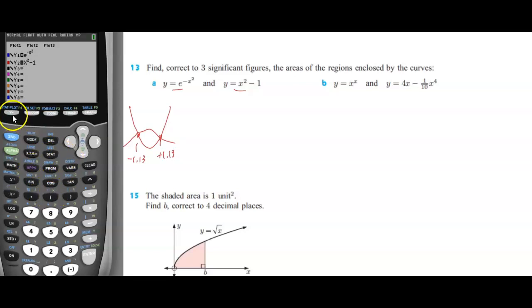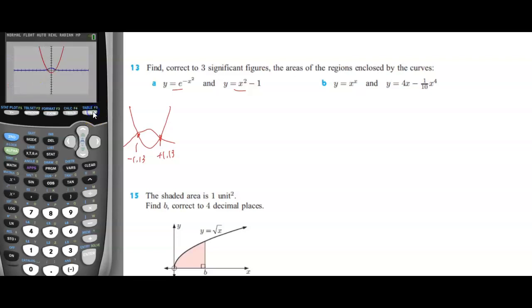It's just VARS, Y-VARS, function, y1 minus y2. Vars, Y-VARS, function, y2. So y1 minus y2, we've made a third function called y3. And then we could just integrate this third function.